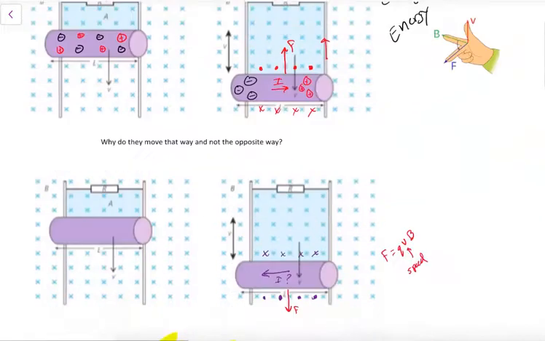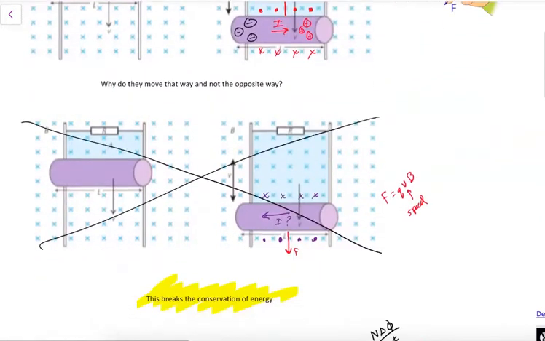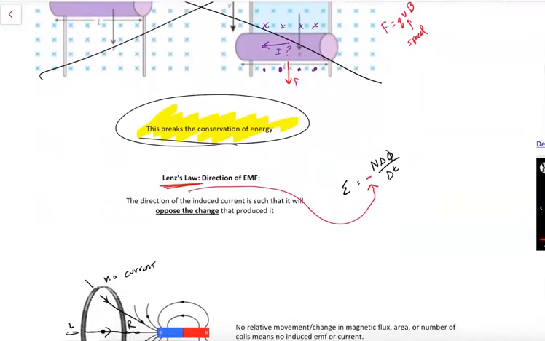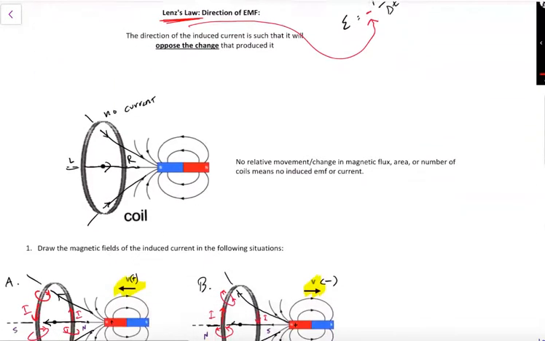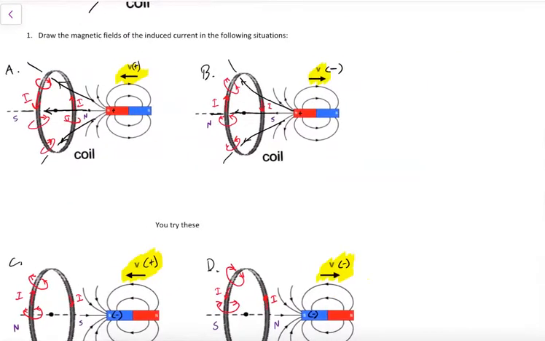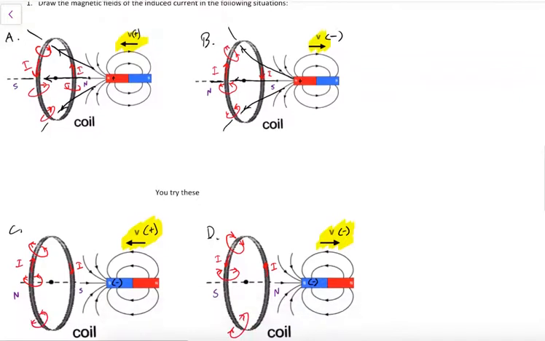This cannot happen because it breaks the conservation law. And Lenz's law is shown by a negative in front of the Faraday's law equation. And then how to identify which direction depending on if you have an entering north pole, exiting north pole, entering south pole, exiting south pole.